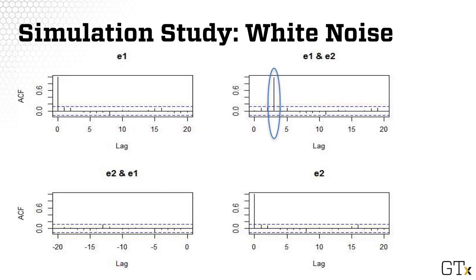This means that there is a large correlation between E1 at t and E2 at t minus 3 from our simulation. The t minus 3 E2 is exactly the E1 at time t, and hence the large correlation at lag 3. In contrast, the other cross-correlation plot has no large values. This is because E1 and E2 are white noise processes.